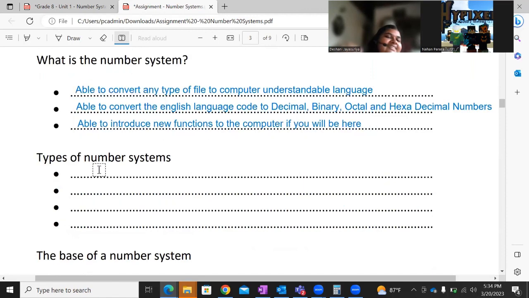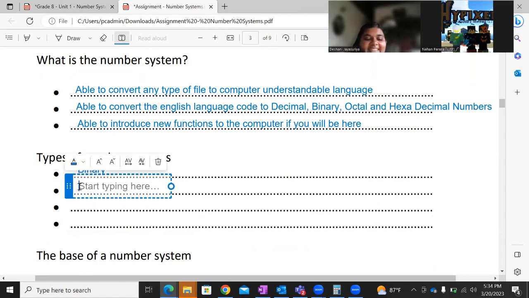So, types of number systems. There are four types: binary, octal, decimal, and hexadecimal. Right? So I'm just writing it down.